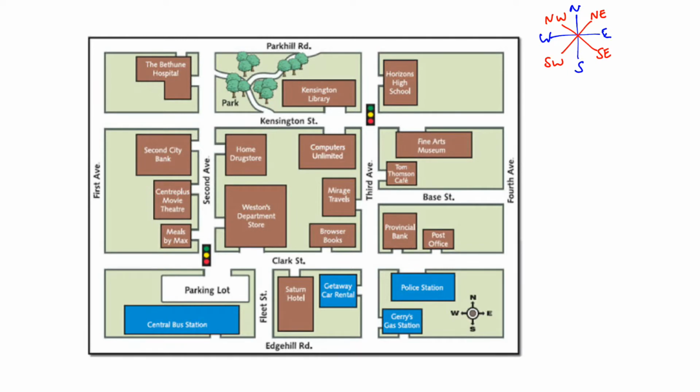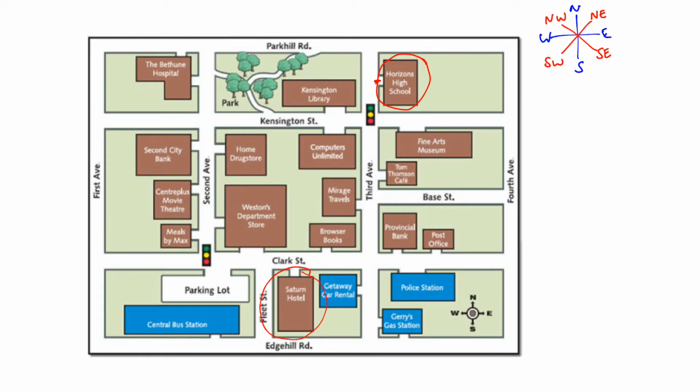So if we were, for example, at the high school here, and there's the entrance, then let's describe how you would get to, let's see, how about the Saturn Hotel? Okay, that's down here. So you would come out of the high school and turn left.